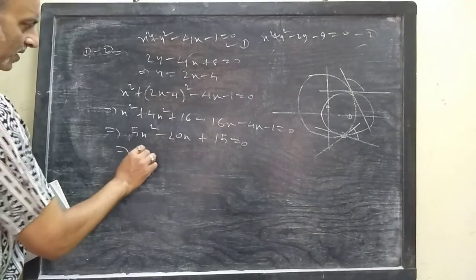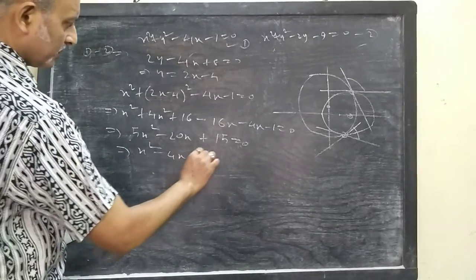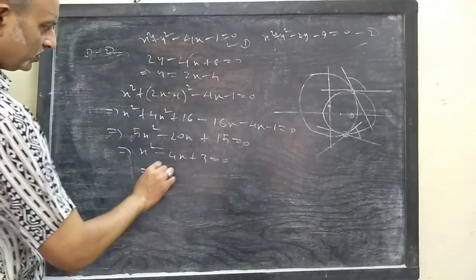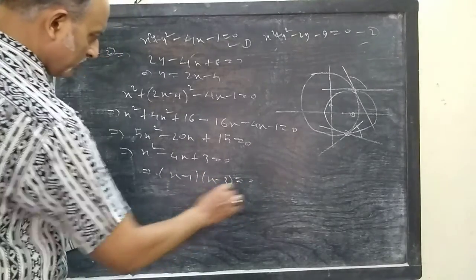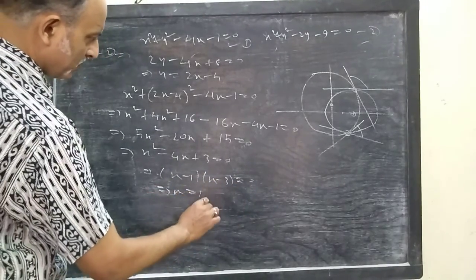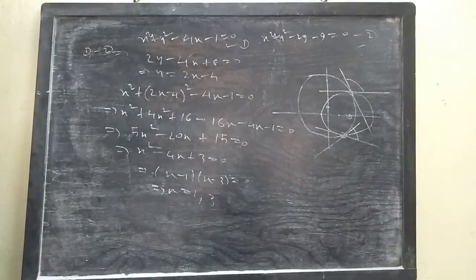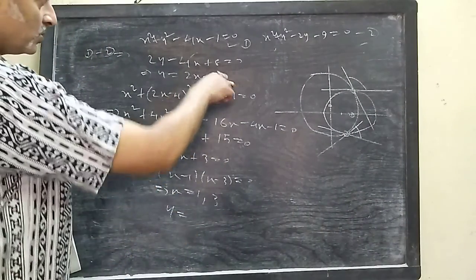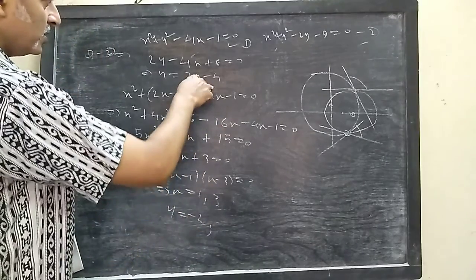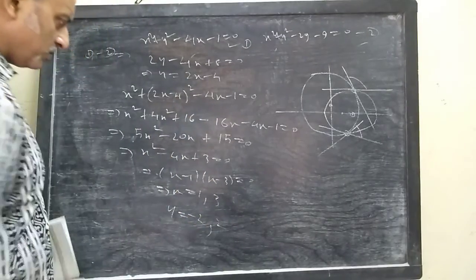Divide both sides by 5, you get x minus 1 into x minus 3 equals 0. That implies x equals to 1 or 3. Now putting this, we get y equals to 2 minus 4, that is minus 2, and 6 minus 4, that is 2.